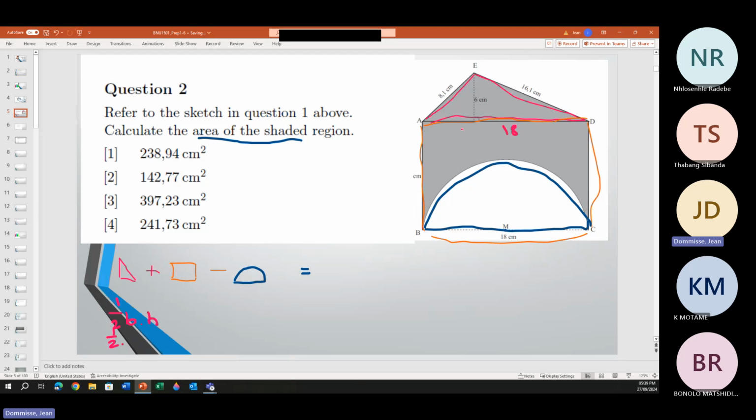Even if it's not given at the top, we know it's the same as AD, which is the same as BC. So we've got the base as 18. We've got the height here as 6. So that is the area that we have for the triangle.